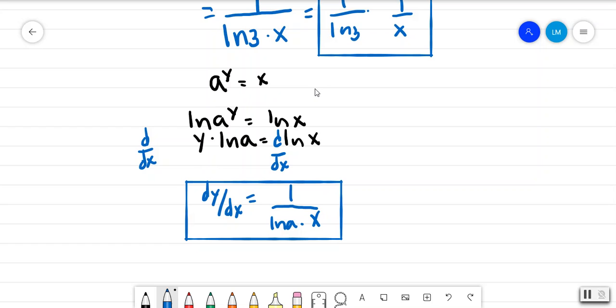And for that matter, it allows you to know what the derivative of a power function is as well. So in case you didn't see it written down in the previous chapter, you now know how to take a derivative of an exponential function when it's base a.